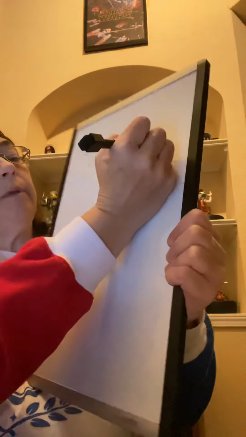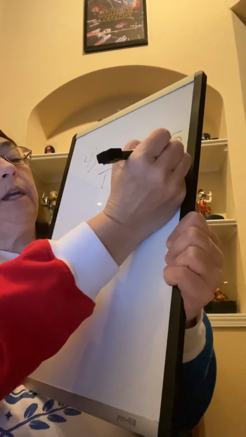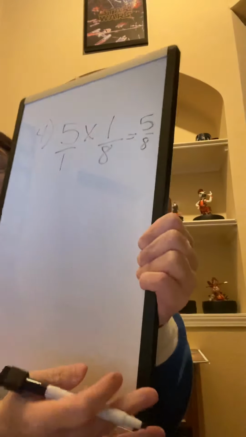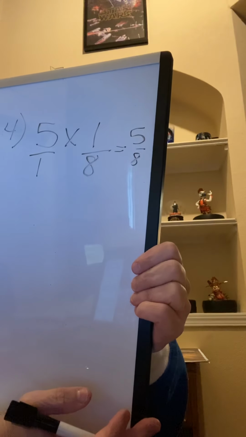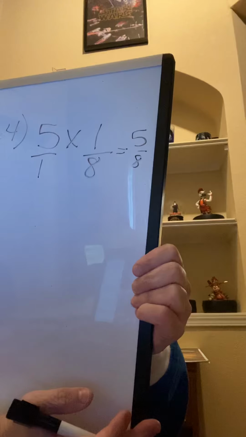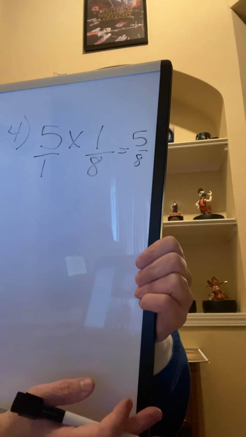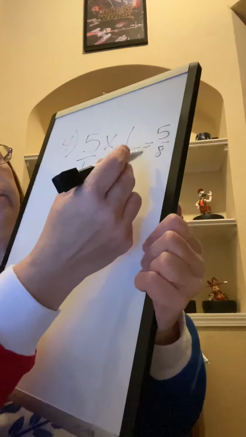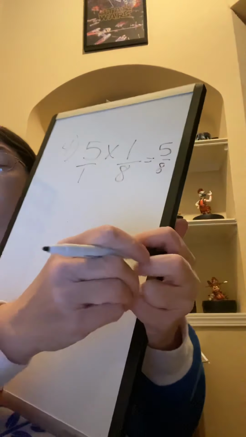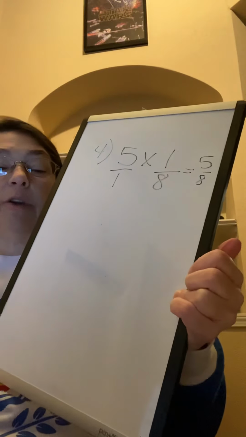Now you can multiply this. 5 times 1 is 5. 1 times 8 is 8. Do I need to change anything on that one, or are we okay? Yeah, we're okay on this one because our numerator is smaller than our denominator.